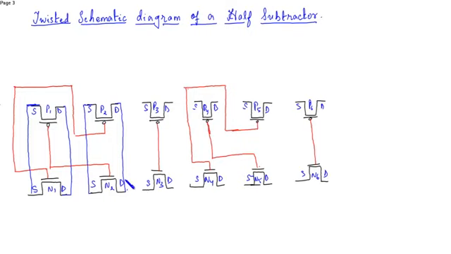Okay. So now the source of the inverter is connected to VDD. Source of the NMOS is connected to ground. Then the drains are connected.